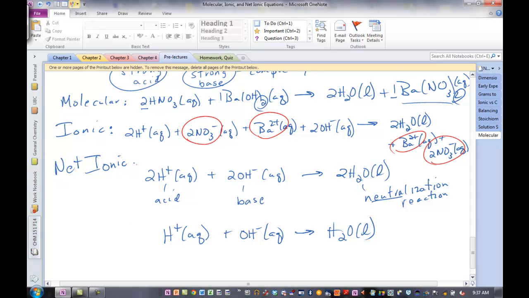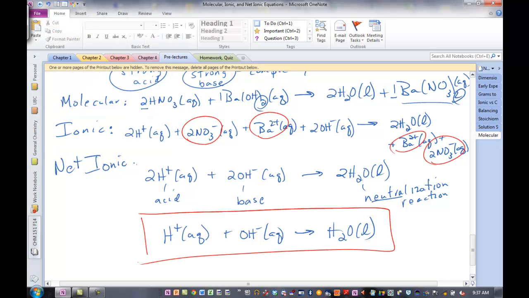And make sure you know this. For a strong acid, strong base, this will always be the net ionic equation for a strong acid, strong base. Know this. Strong base reaction, neutralization reaction. Okay? Sorry, I kind of rushed that writing.